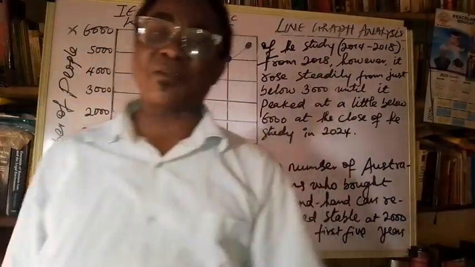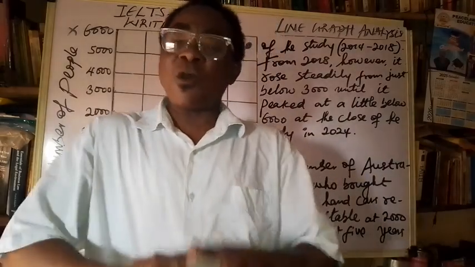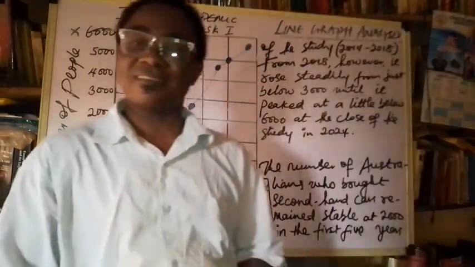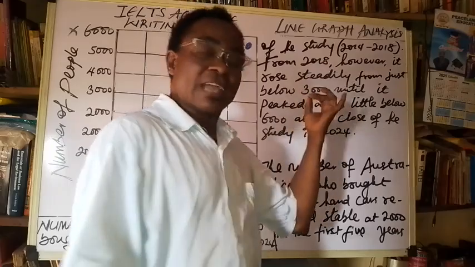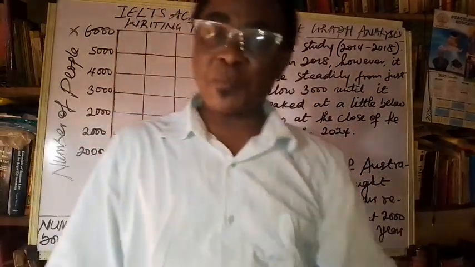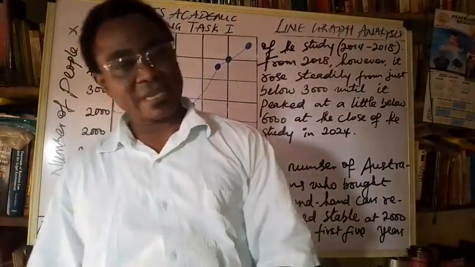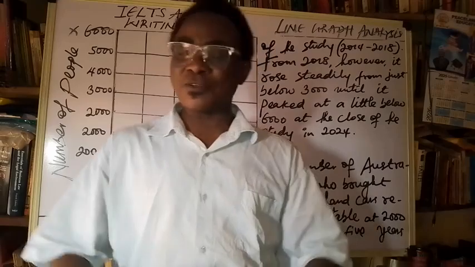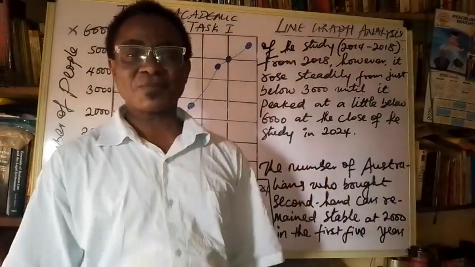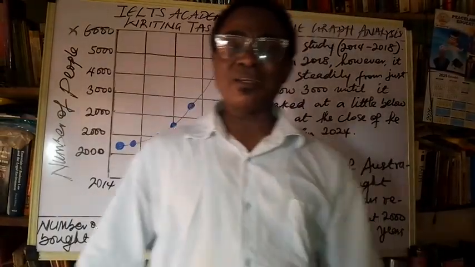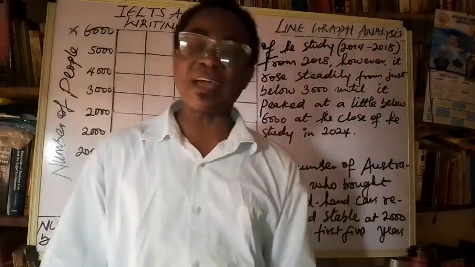In this second paragraph, we provide a more detailed analysis that includes the years and the actual number of people that bought second-hand or used cars in Australia in the period that we are studying. Now we move over to the third paragraph, where we still have further analysis.